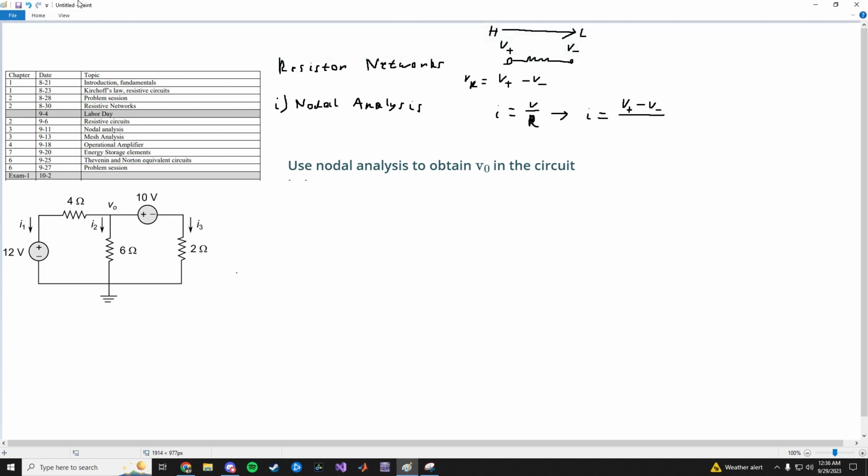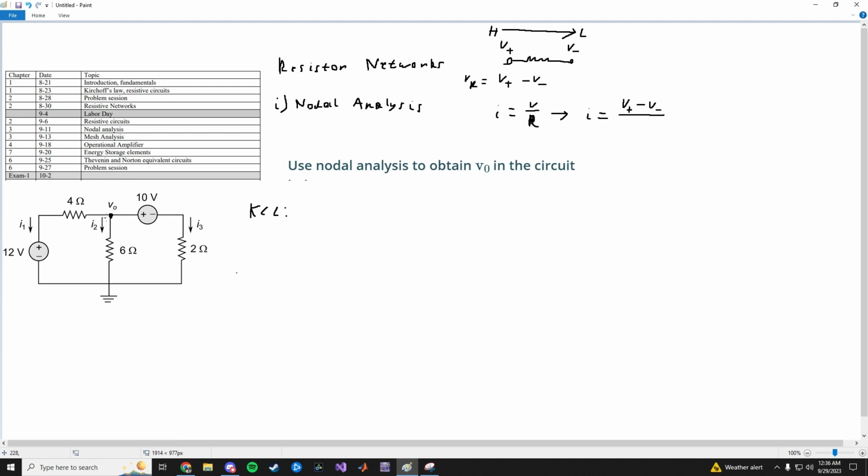In this circuit, we observe there's only one unknown node, which is V0, and ground's already defined, right here. So then we have to write the KCL. Oh nice, they already drew I1, I2, and I3 for us. So we have to write the KCL.